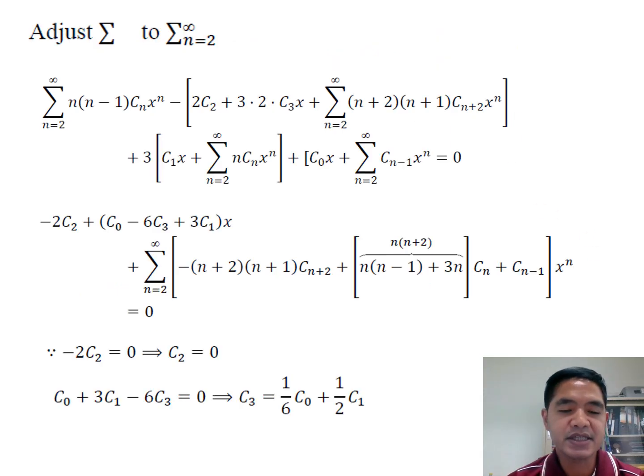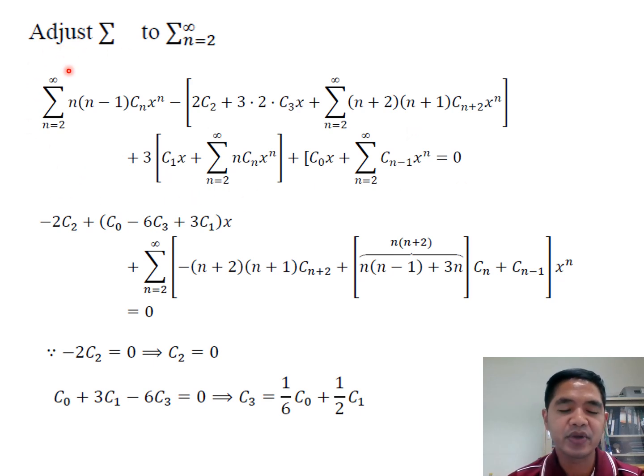Okay, after you adjust every term to x to the n, now you look at the summation form, which is the starting point of n of each term. From the previous slide, you see that n starts from 2, and from 0, and from 1, and from 1. Just look at the previous slide, okay?